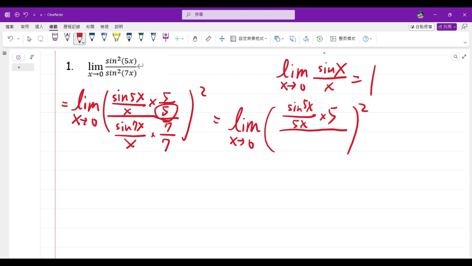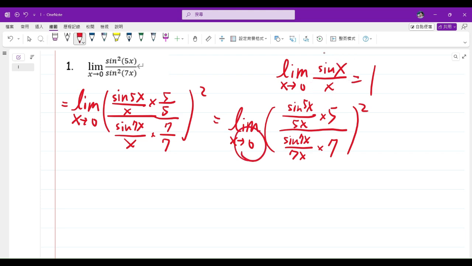You move this to the front. And then sine 7x over 7x times 7. You move the denominator to the left side.